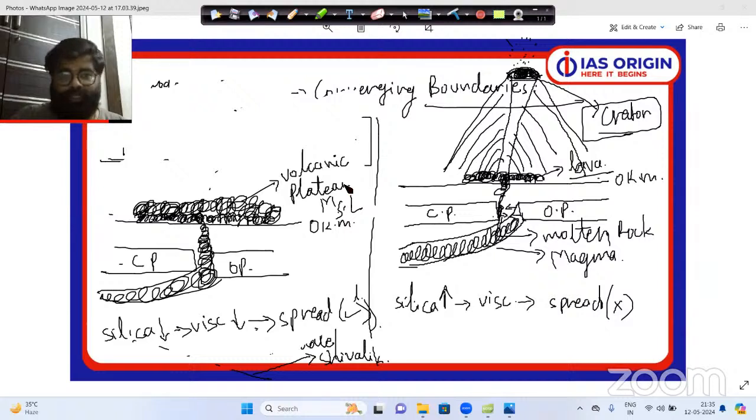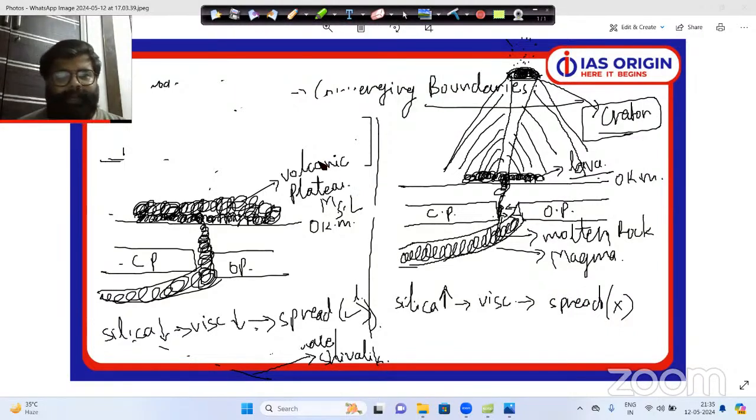The same type of erosion the Narmada river can also do with this volcanic plateau or Deccan Trap, because the Narmada river originates from eastern Madhya Pradesh, from the Amarkantak plateau. It crosses the whole of central Madhya Pradesh, touches the Maharashtra border, goes to western Madhya Pradesh, enters Gujarat, and finally falls into the Arabian Sea or Bay of Khambhat. So the same kind of erosion and weathering, the Narmada River will also be doing while flowing over the volcanic plateau or Deccan Trap.